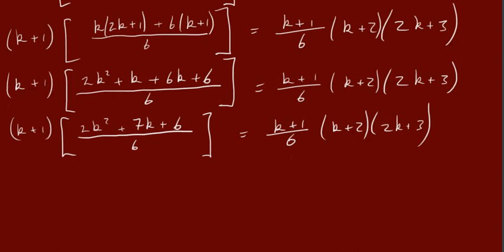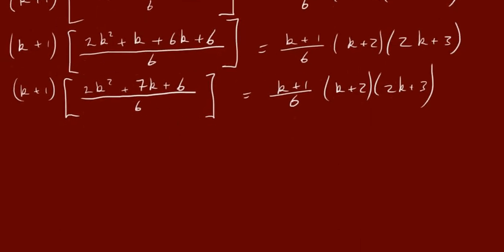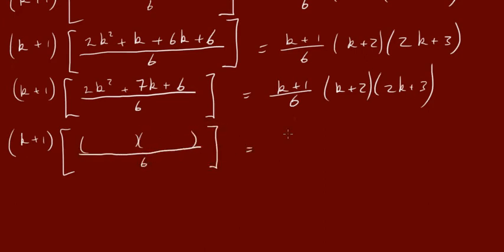Okay, so now I'm going to factorize this here on the top, and hopefully that'll give me something like this. Let's just have a look at that. Let's see, k plus 1. Now factorize the top, and I've got a 6 on the bottom, and here I've got a k plus 1 over 6, k plus 2, 2k plus 3. Now let's see, 2k squared is just 2k times k. I've got a 6 here.